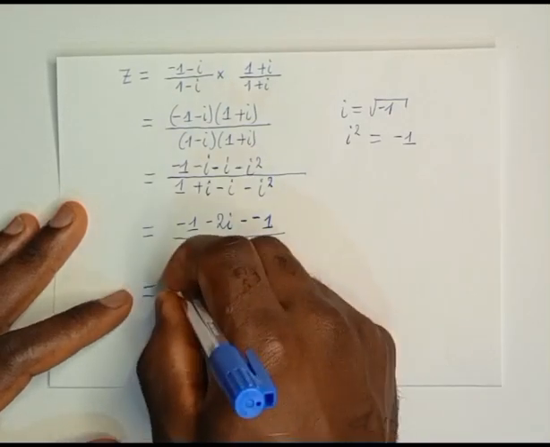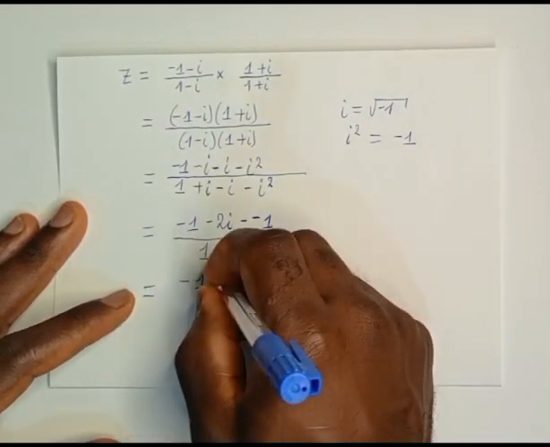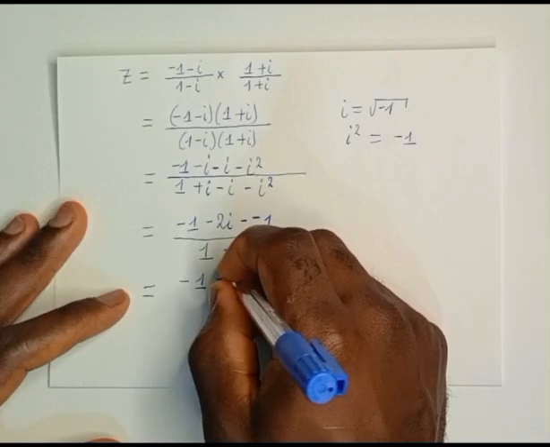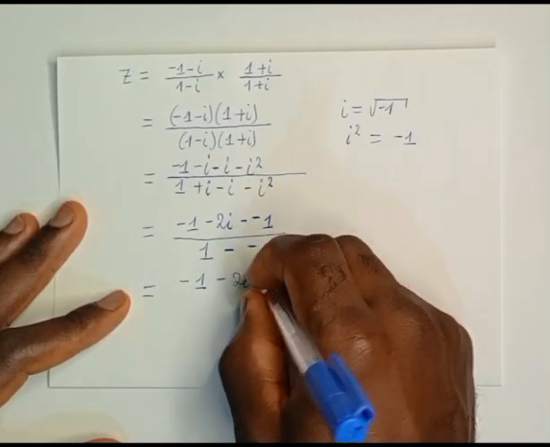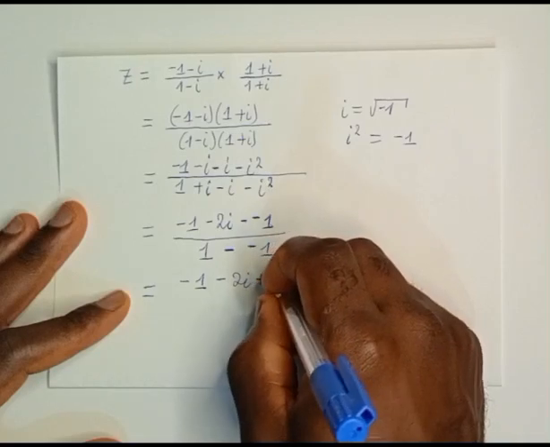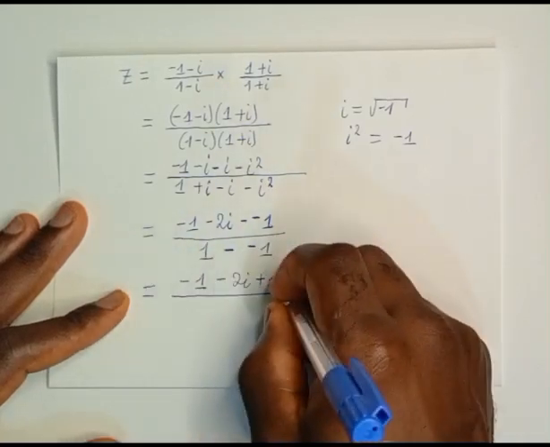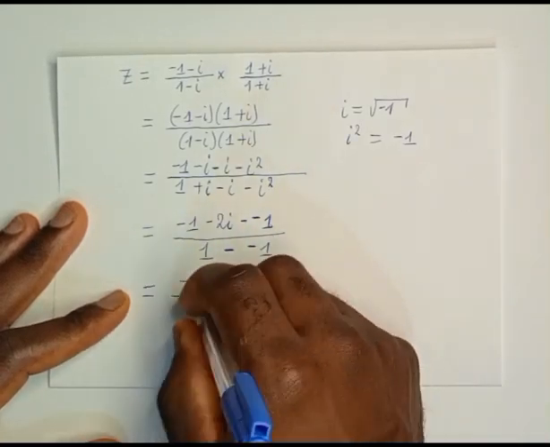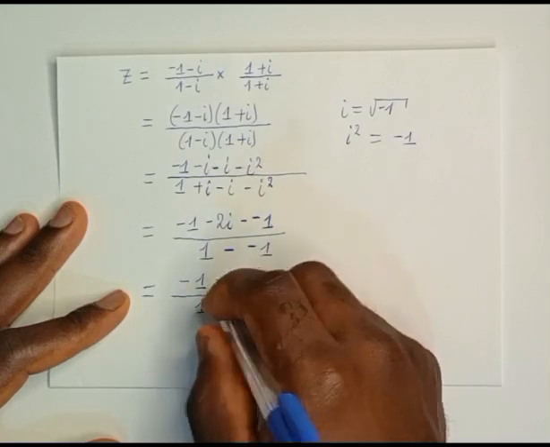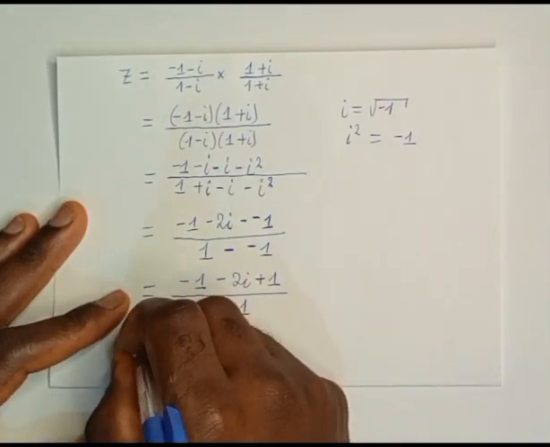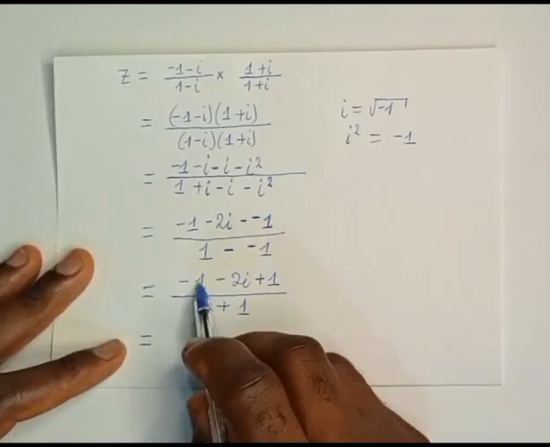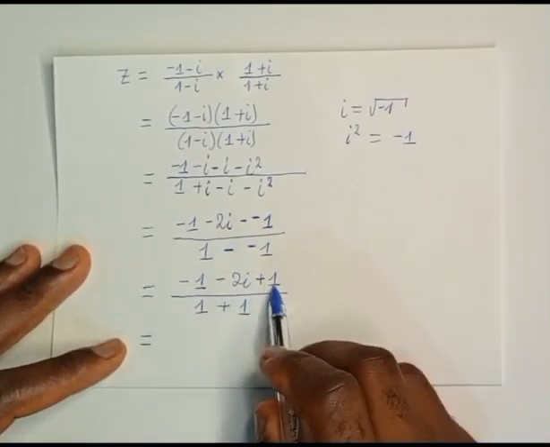This will simply be equal to negative 1 minus 2i, and negative negative becomes plus 1, all over 1 plus 1. This will simply be equal to negative 1 plus 1.